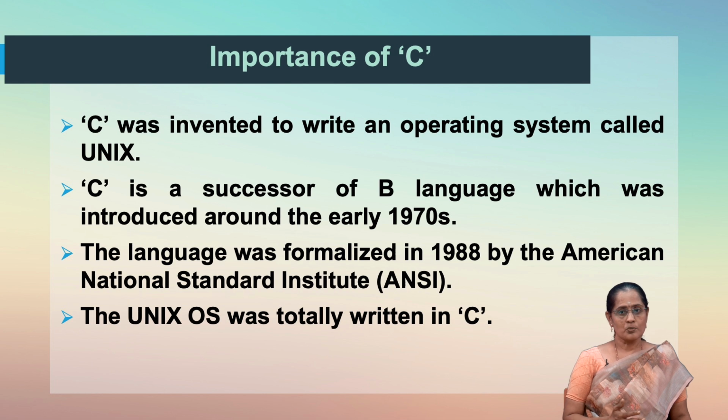Today, C is most widely used and it is a popular programming language, and I want to insist on one point: C is the only language which can talk to hardware through its programming interface. So, in case we have a new type of hardware in the market, we will be able to develop C programs to interface with the hardware.